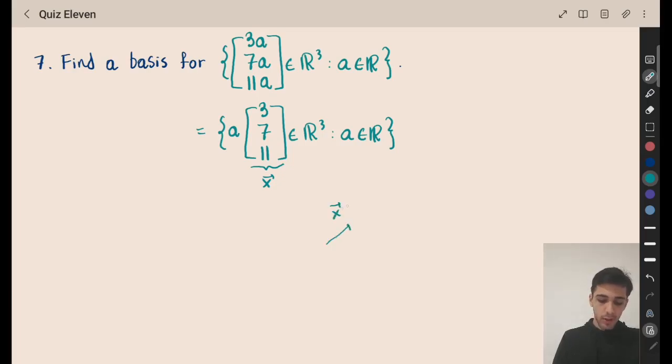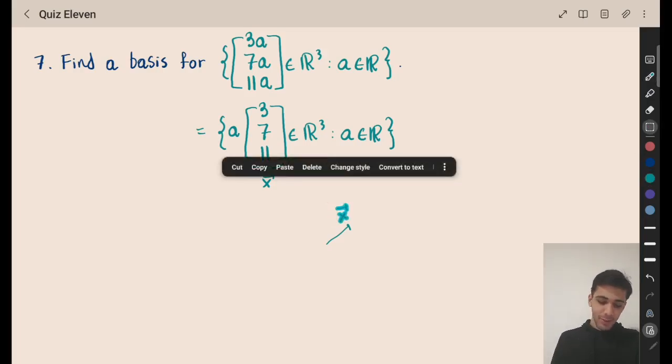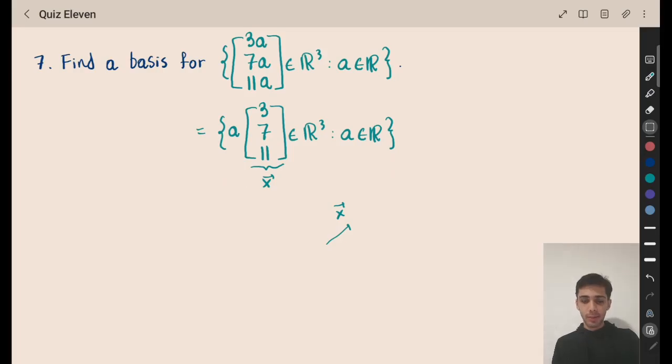So let's say this is the vector x. I mean, this is of course in three-dimensional space, so I wouldn't be able to draw it anyway. So this is why you should at least not take this too seriously. Anyway, so it looks something like this, okay?